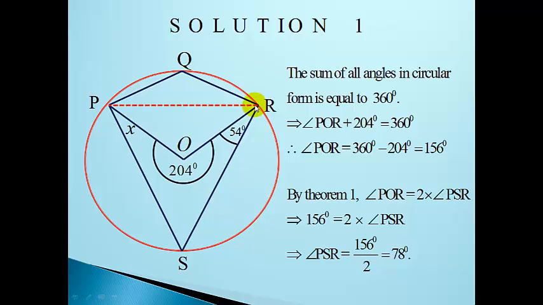Take note that we have to find the value of X. Now, the sum of all angles in a circular form is equal to 360. That is, the circular angle form at the center equals 360. So if you want to know the angle POR, you have to subtract 204 degrees from 360, because the sum is equal to 360.